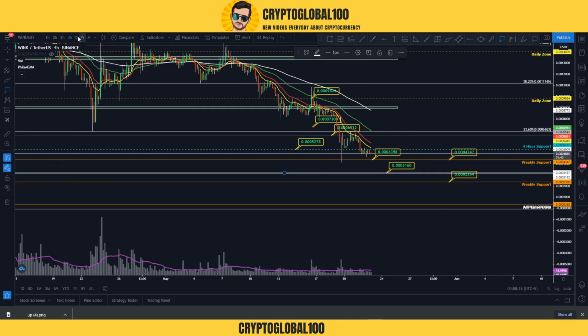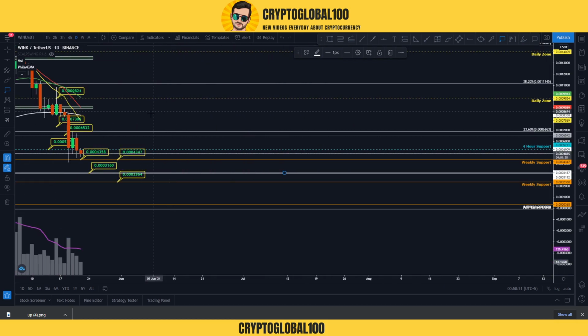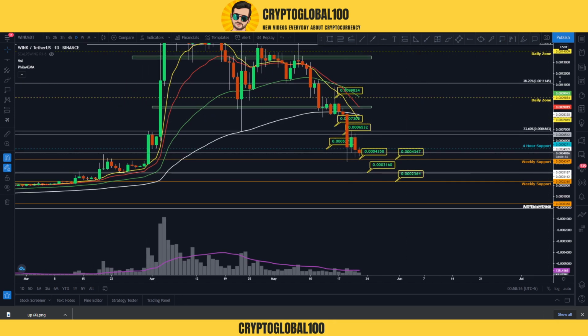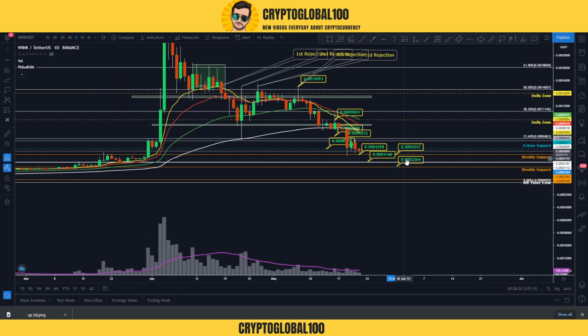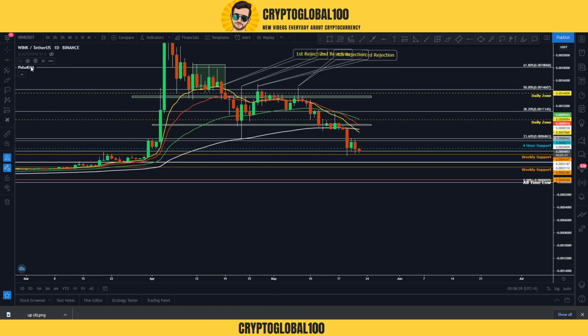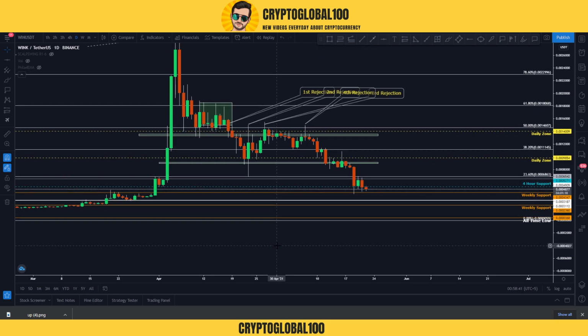If we take a look at the 1 day chart, let me hide this one, let me delete this as well so that we can easily look, let me turn this off, and this as well.